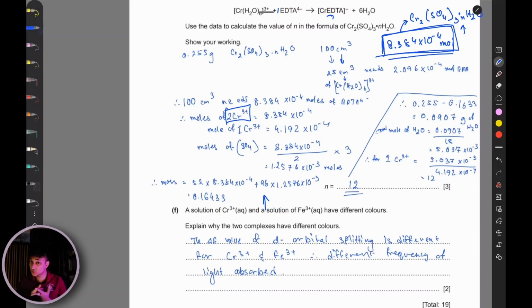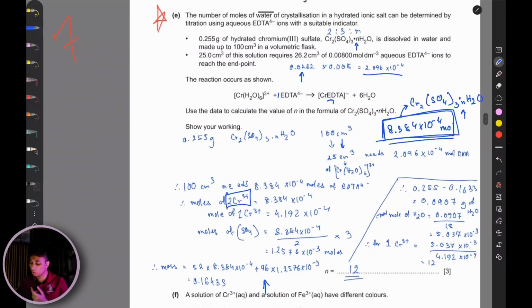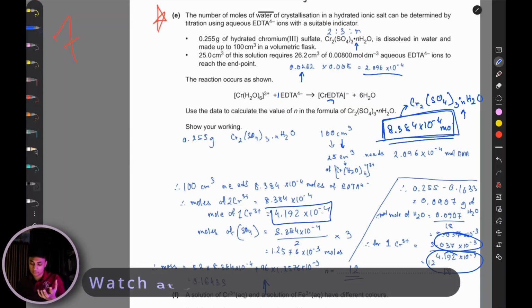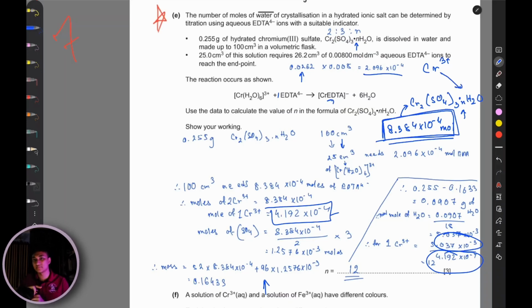Now, to find the ratio, what are you going to do? You're going to divide that mole with the smallest mole. That is 4.19 into 10 to the power of minus 4. So you're dividing the moles of H2O by the mole of the smallest value. I'm finding, with respect to one portion of chromium ion, how many portions of H2O there are.